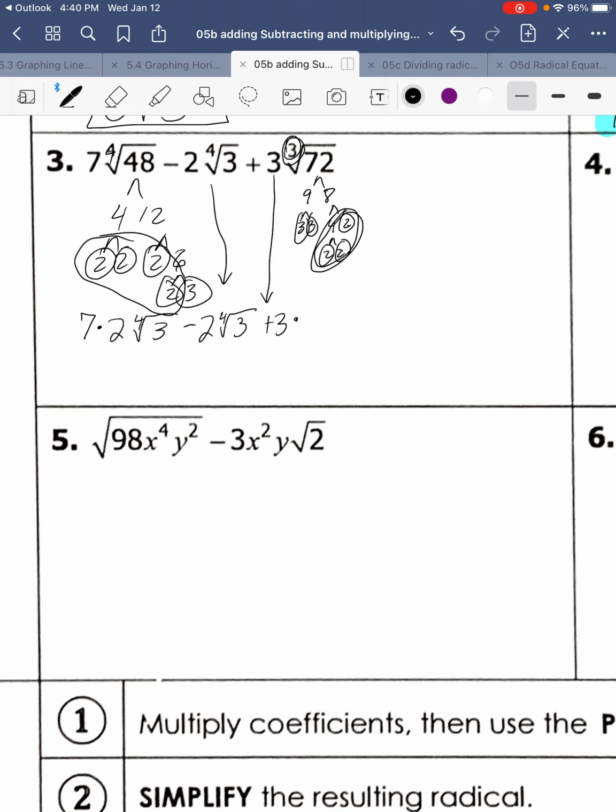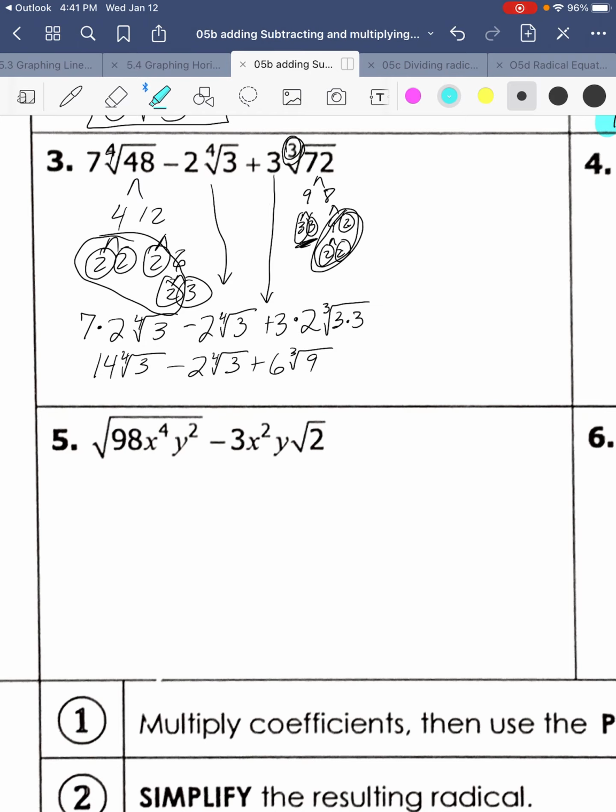And 2 times 2 times 2 is 8. Cube root of 8 is 2. And then the 3 times 3 is going to be left over on the inside of the cube root. All right, I'm going to rewrite this. 7 times 2 is 14, 4th root of 3 minus 2 4th root of 3 plus 6 cube root of 9.